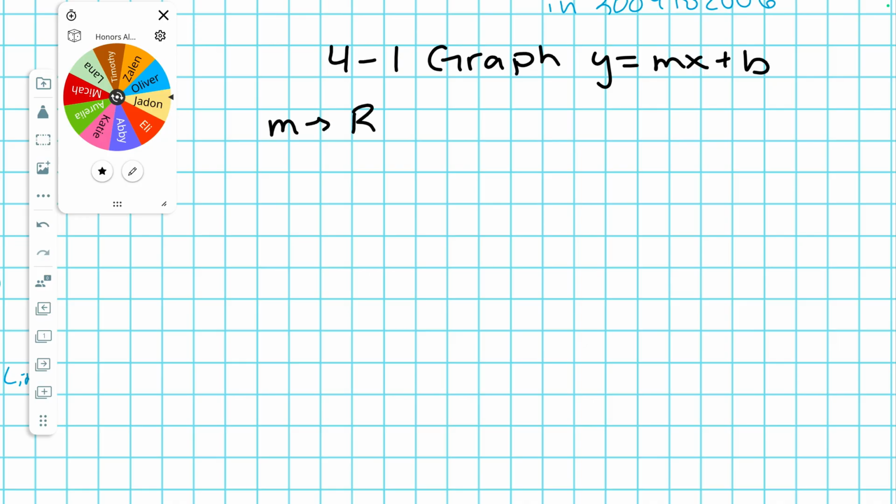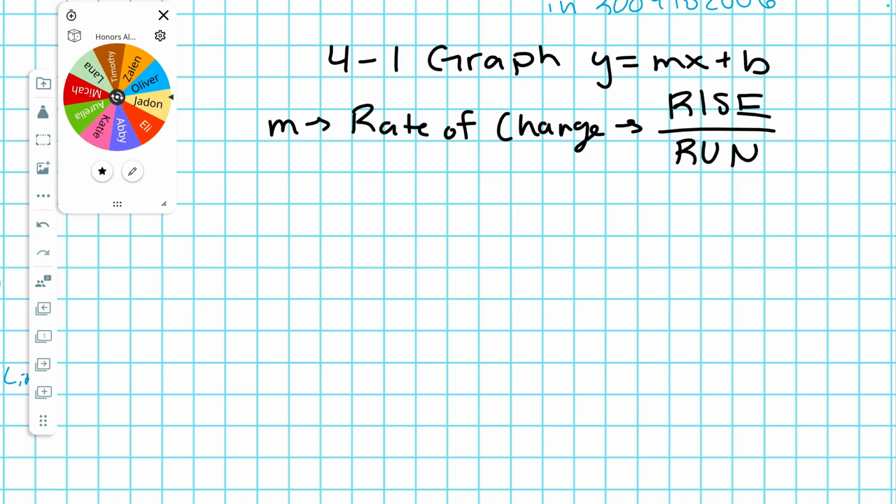That's your rate of change or your slope. Yesterday we talked about how it is important that we remember that slope is rise over run. Okay, rise over run. Because that will help us as we do some of these things.